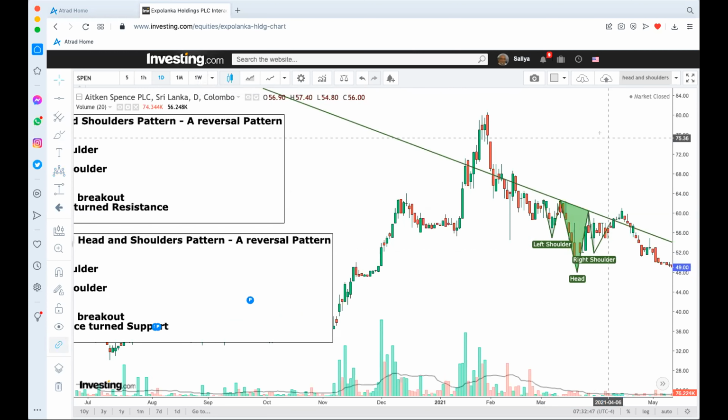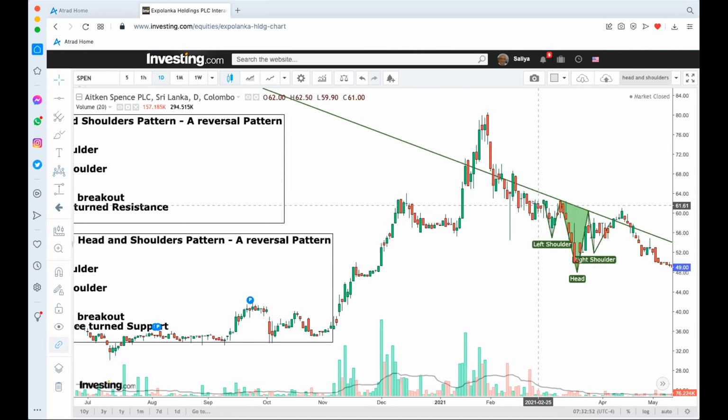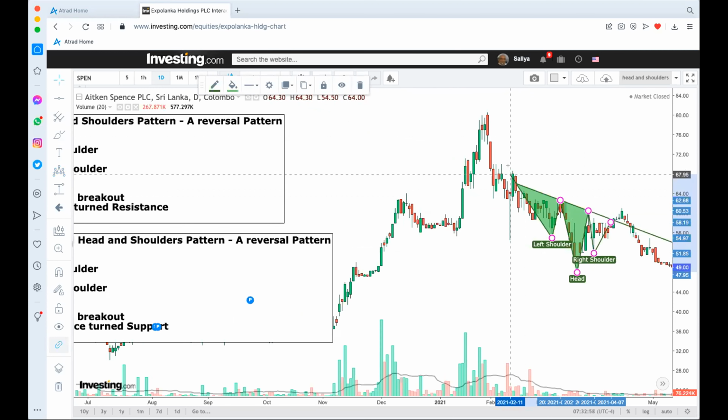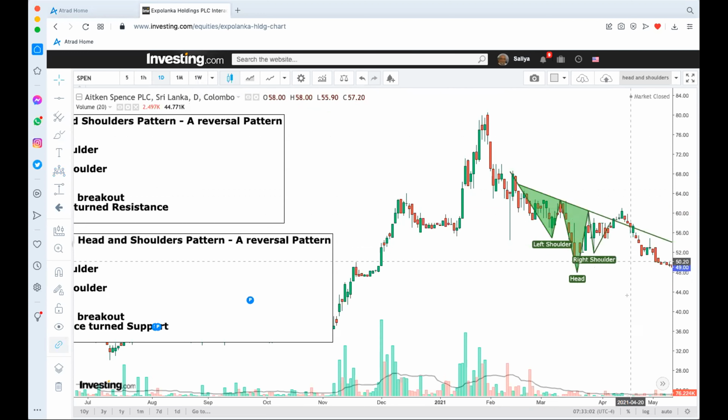In order to show this pattern, right? Our focus will be on the shoulders, the left shoulder, the right shoulder, and the head.